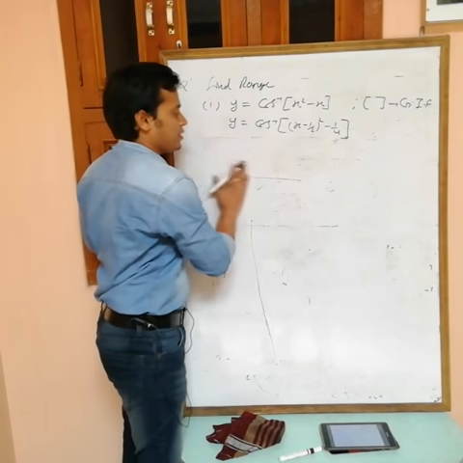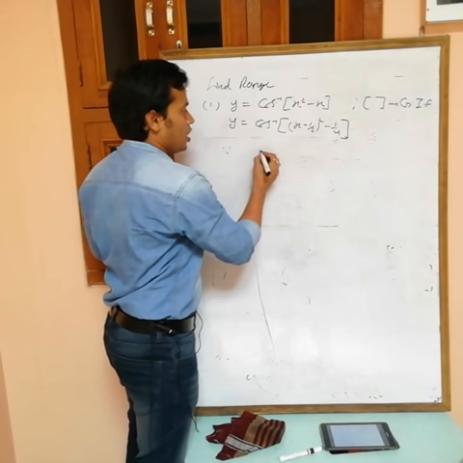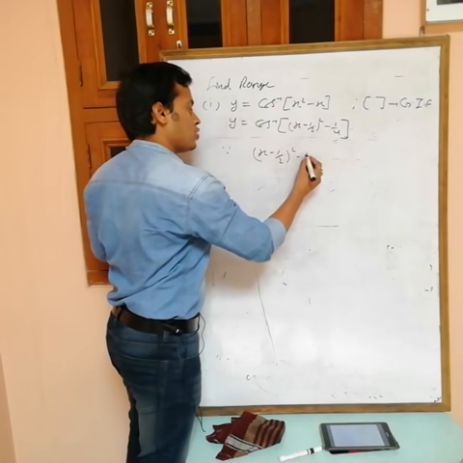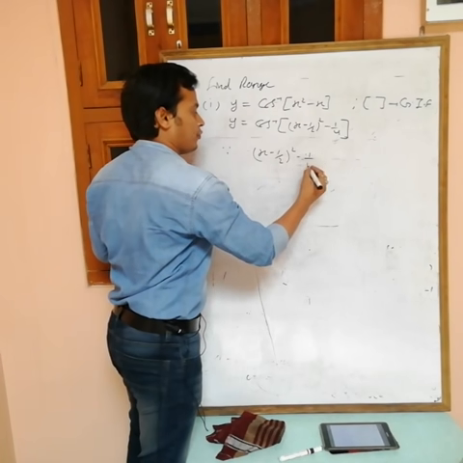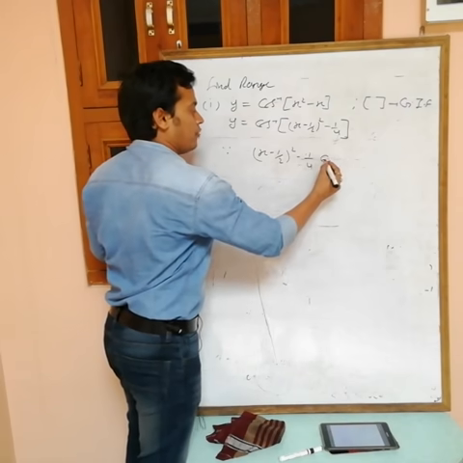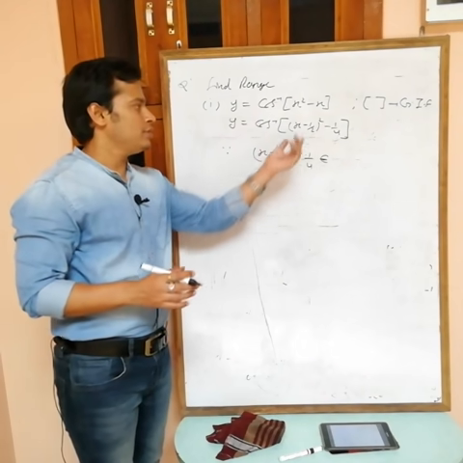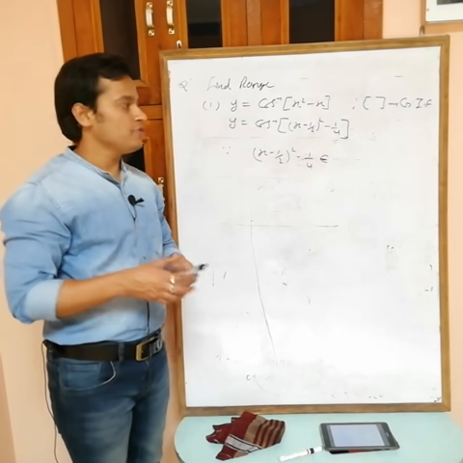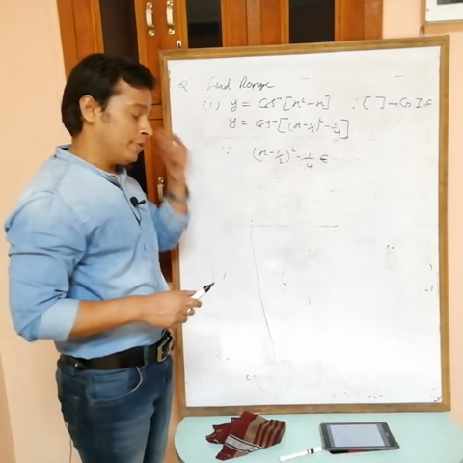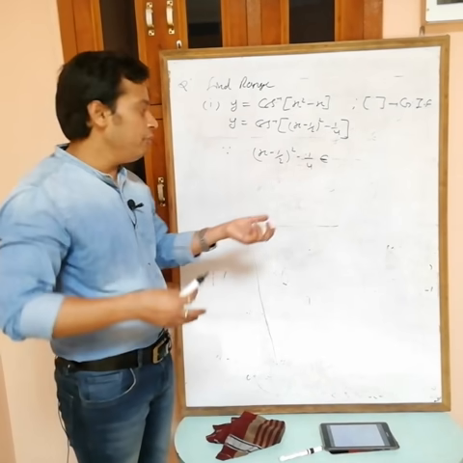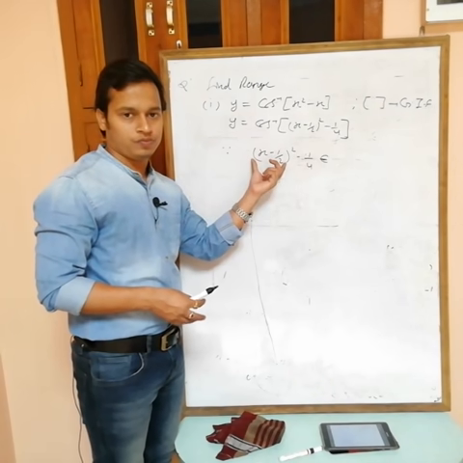Now see, can I say that (x minus 1/2) whole square minus 1/4 equals x square minus x. First, can you find all possible values of this one? What is the range? So I am starting from inside to outside. First I am finding all possible values of this one. Can you find the minimum value of this one? Minus 1/4. This will be minimum when this becomes 0.